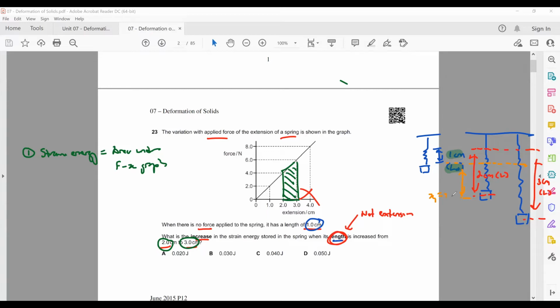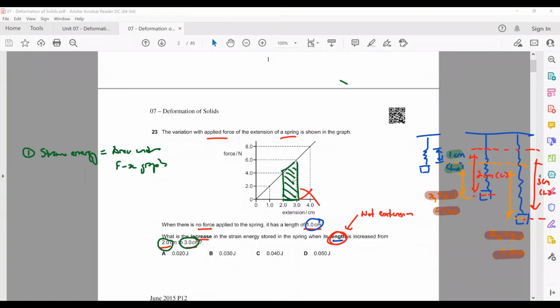It will be 2 minus 1, giving you 1 centimeter. And then this one here is x2, it will be 3 minus 1, giving you 2 centimeter. Okay, this is your actual extension of your spring right now.